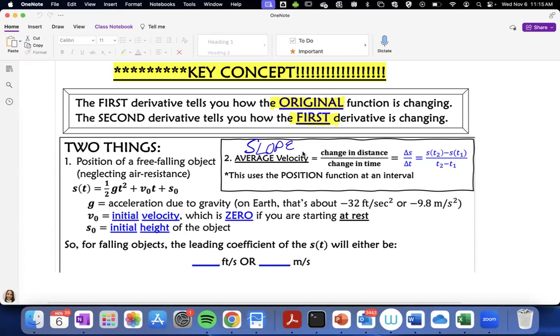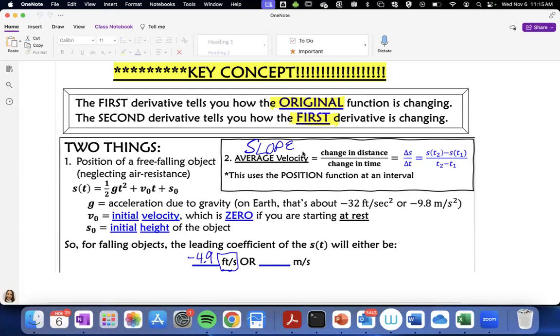Typically, if you're in meters per second, you know 9.81, negative 9.81, is the acceleration due to gravity, and times 1/2 is negative 4.9.